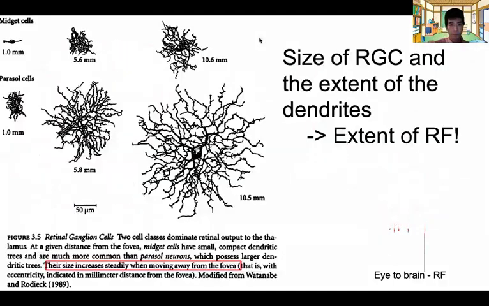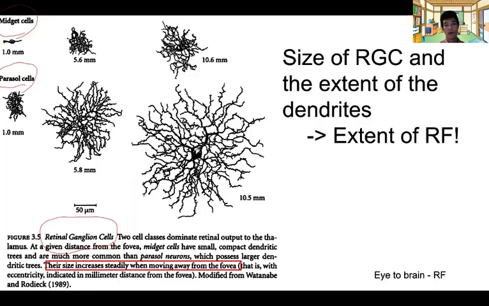Let's move on. This is another important figure, and I'll explain. This is the visualization of the retinal ganglion cells' dendrites on the surface of the retina. One type of cells is called midget cells, which means small, and the parasol cells are bigger, like a big parasol. The midget cells are usually connected with the cones, and the parasol cells are connected with the rods.